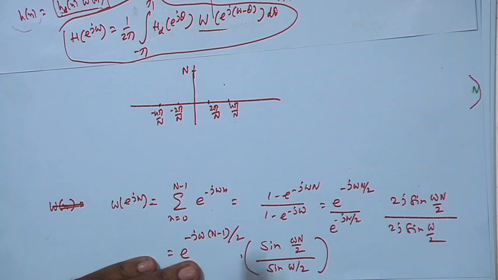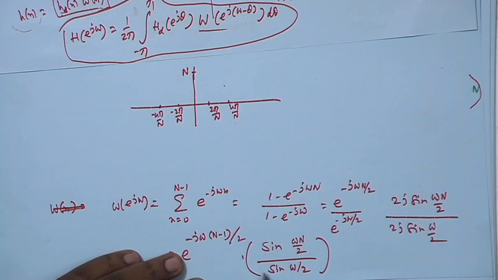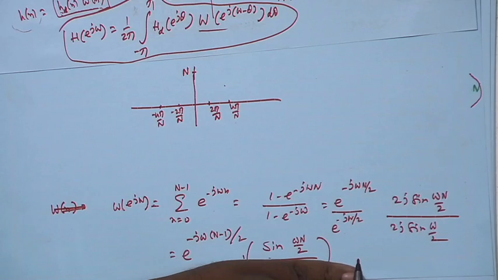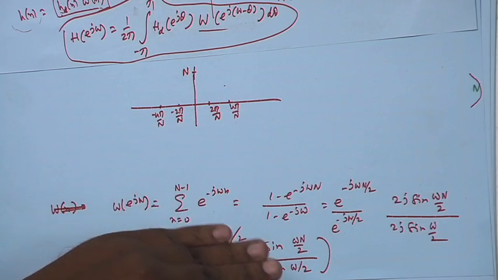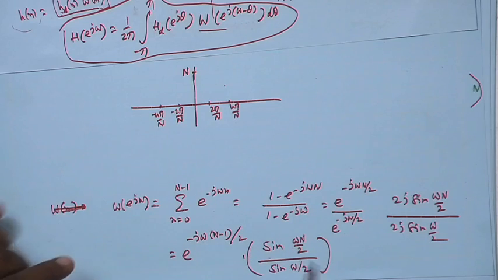On the negative side, sine of omega n by 2, omega is negative, so it will be minus of sine of some angle, and the denominator also minus of sine of some angle. So, minus minus cancel. It will be the same thing, but the denominator is increasing as the magnitude of omega increases from 0 to pi. As a result, the amplitude of this numerator oscillation, which is a pure sine oscillation of constant amplitude, will continue to get damped, its amplitude will go down.